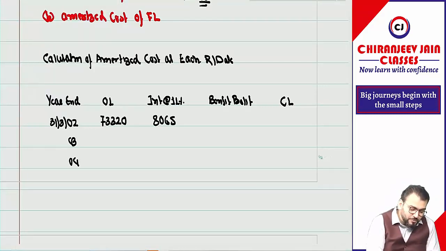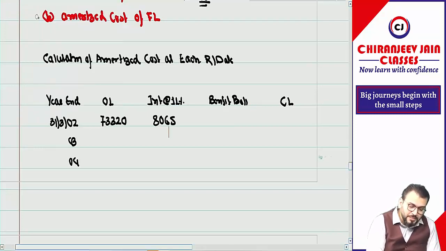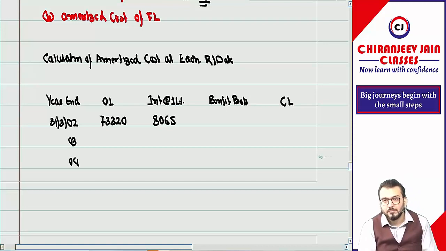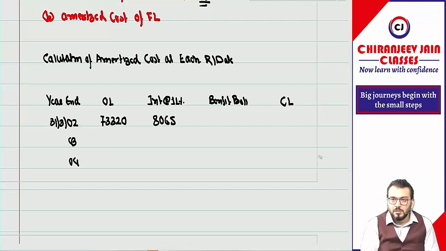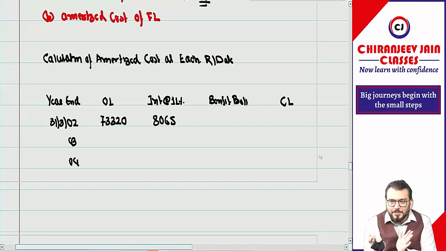Benefit provided means, if there is a default, the parent will pay to the bank, and for this purpose the guarantee has been given.